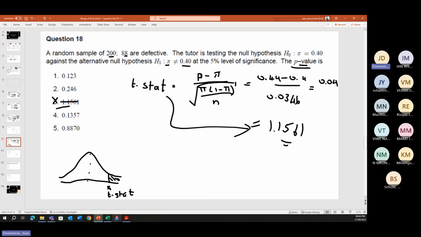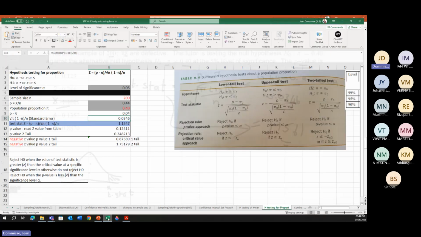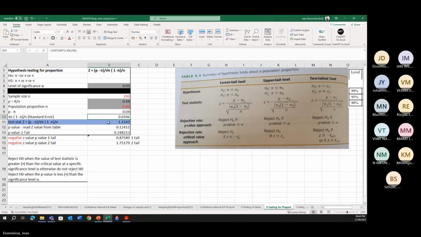So that option is definitely not one of the options. Okay, but we've got the stat component, and if we use the built-in function of Excel, we got that our p-value for the one tail is 0.12, and for two tail is 0.24.